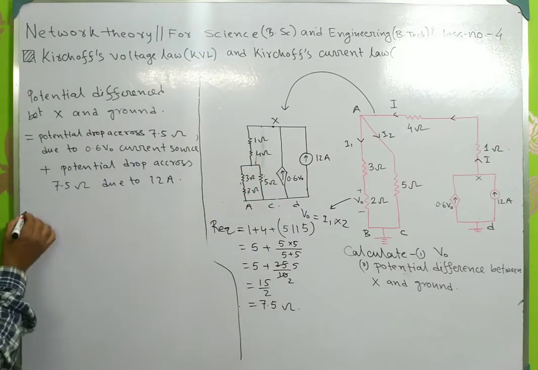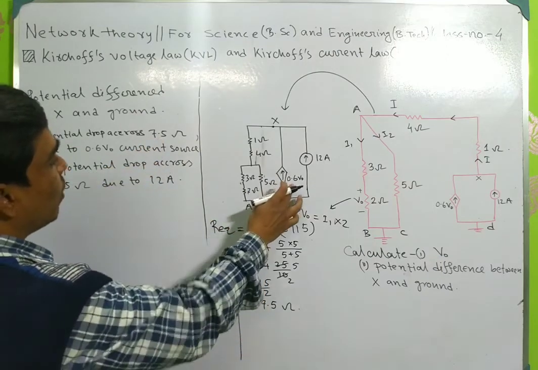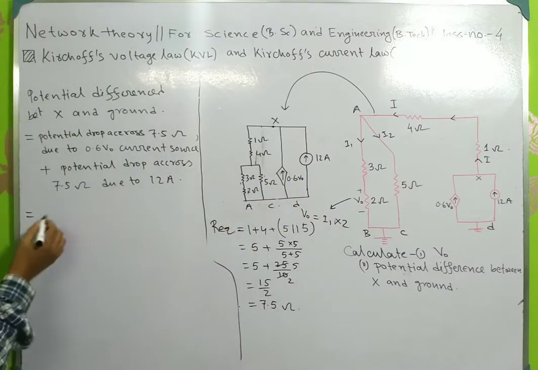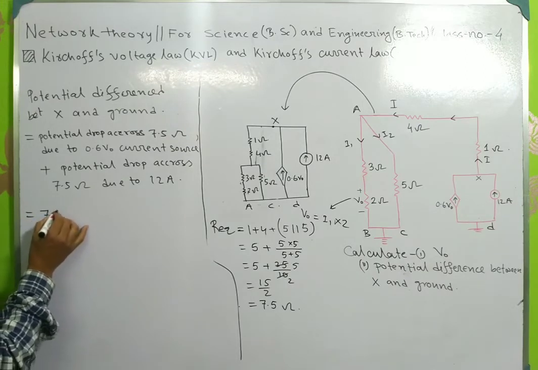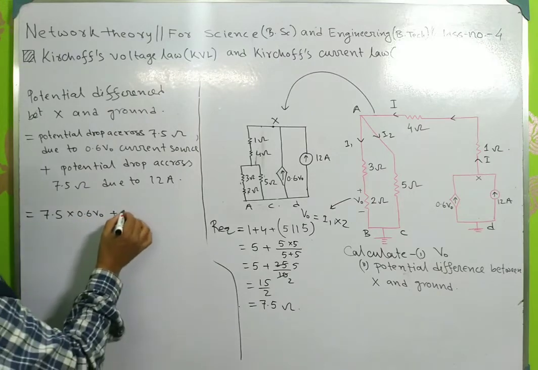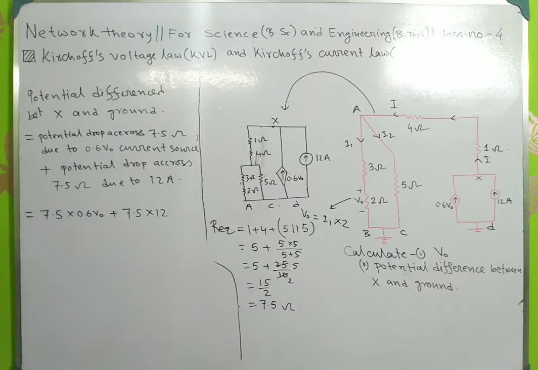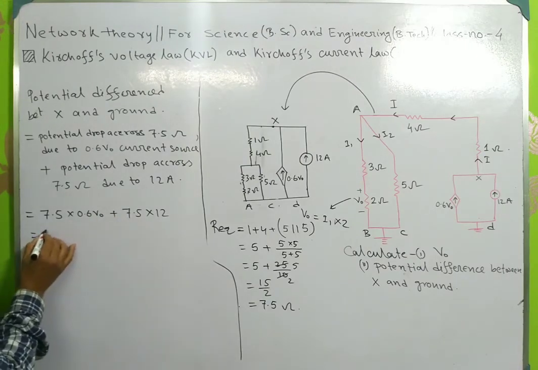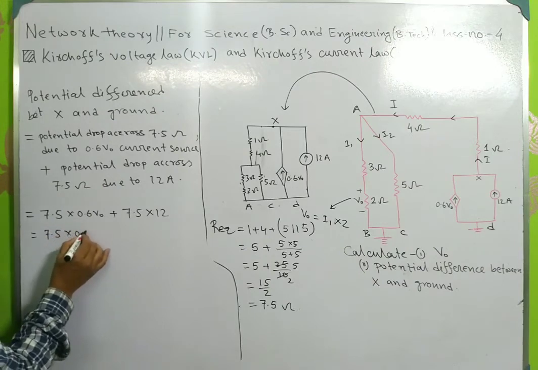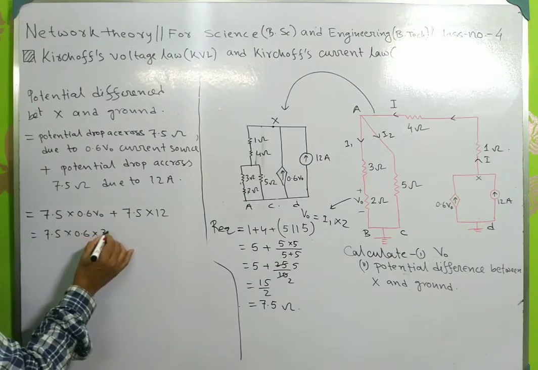So what will be the potential difference across the 7.5 due to 0.6 V0? It will be 7.5 multiplied by 0.6 V0 plus 7.5 multiplied by 12 ampere. So if you calculate, it will be 7.5 into 0.6 times the value of V0, which I have earlier calculated as 30.